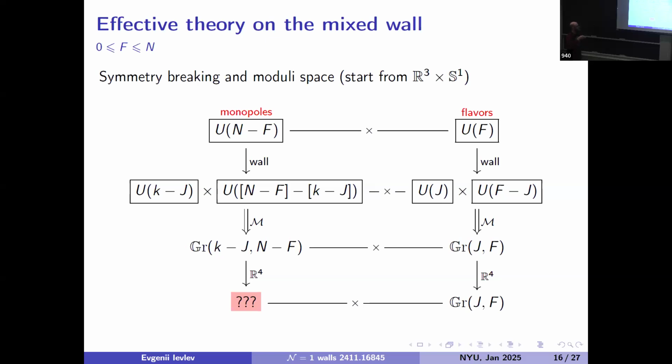There is also a certain number of monopole variables with their own symmetry, not exactly flavor symmetry, but similar. Each particular domain wall breaks the flavor symmetry and the symmetry of the monopoles to some subgroup, and then the moduli space is the quotient of the original symmetry by the subgroup. So we get a product of two Grassmannians.